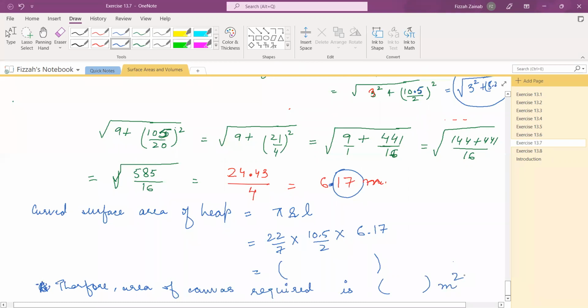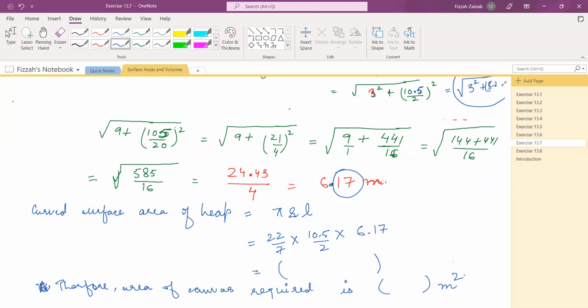Now I'm leaving this for you. You can repeat your calculation. Yes, Miraj, is this fine? Yes, ma'am. Okay, Hamna, can you do it? Yes, ma'am. Okay. So this exercise is complete.